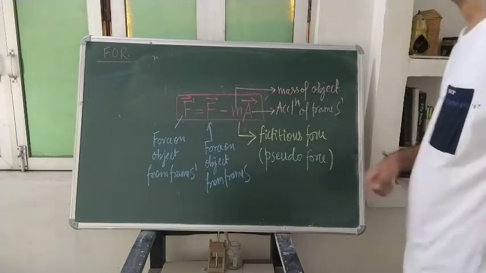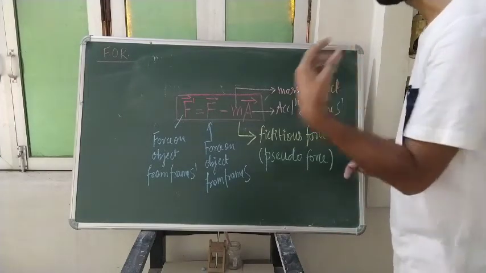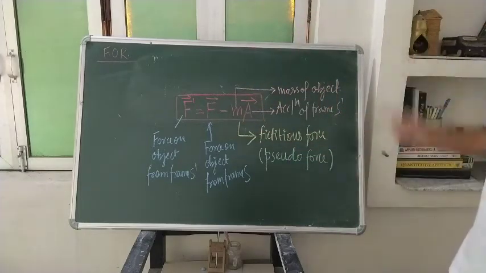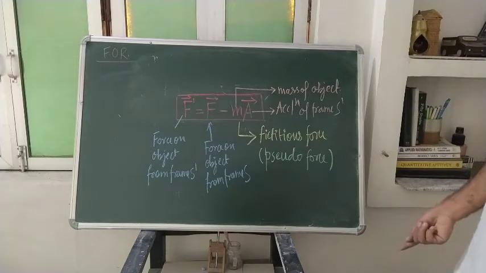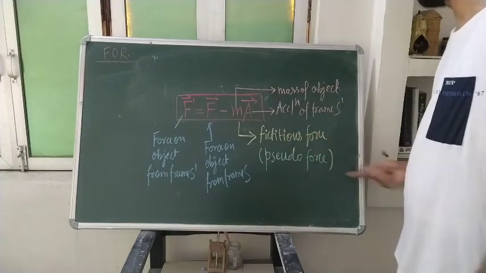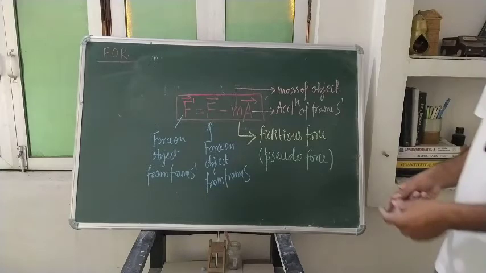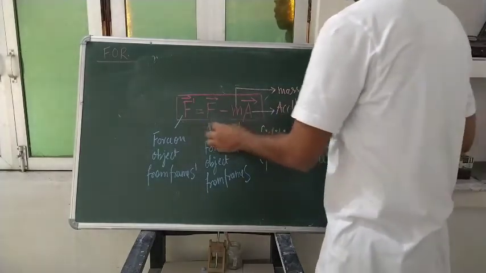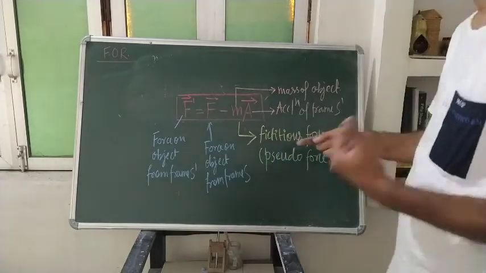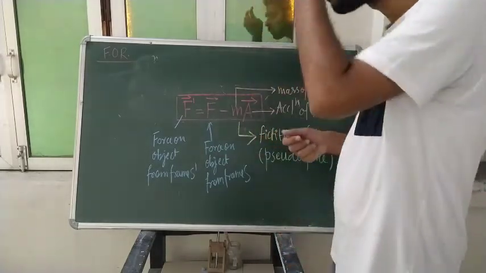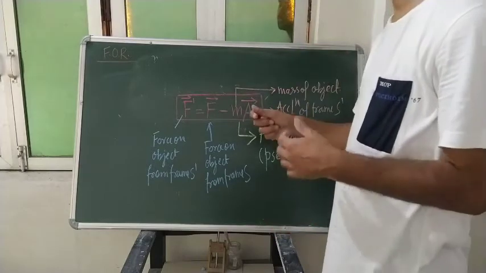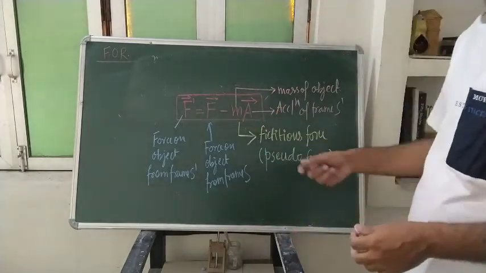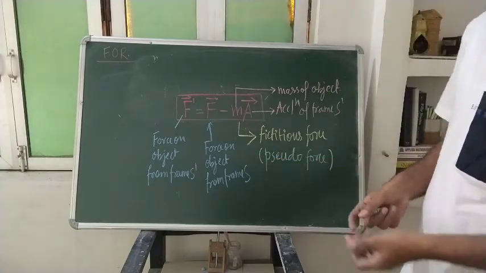We are not multiplying the mass of the object with the acceleration of that object. We are multiplying with the acceleration of frame S prime. So a fictitious force will come there, which will be subtracted from the force on that object from frame S, and that will be called as our pseudo force.